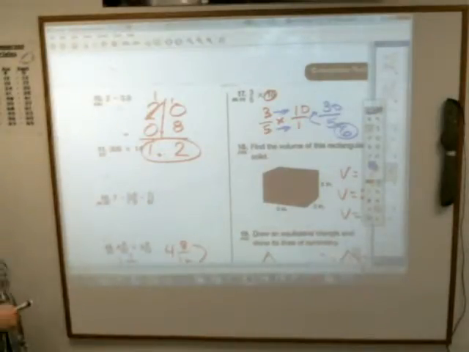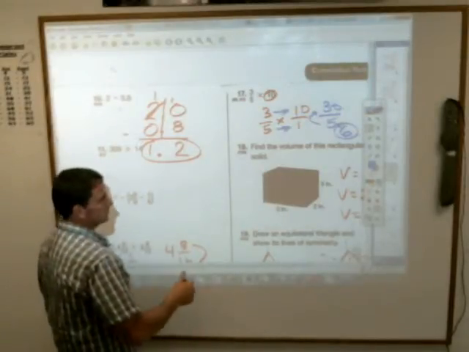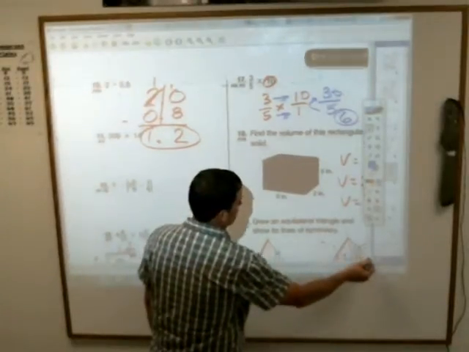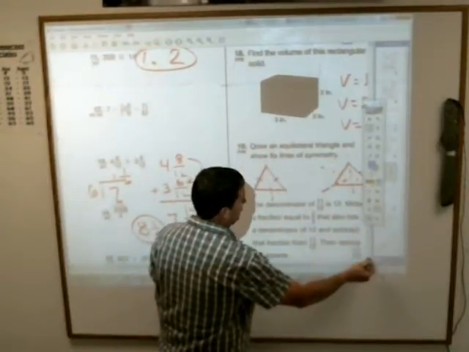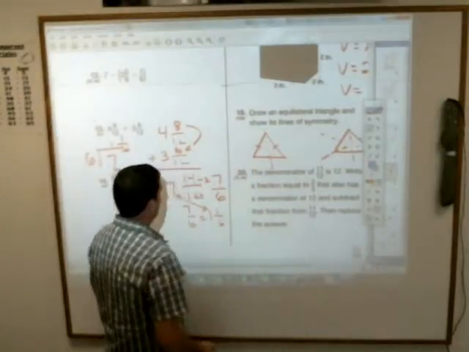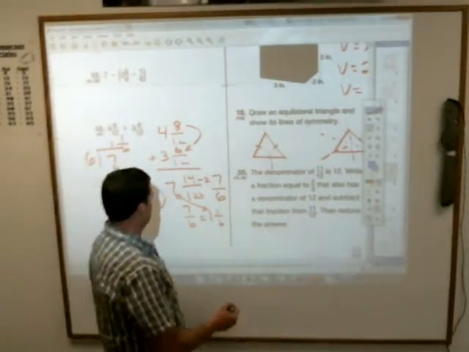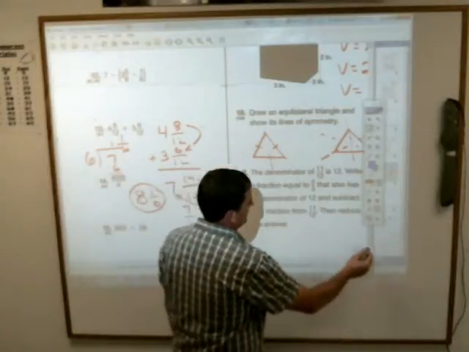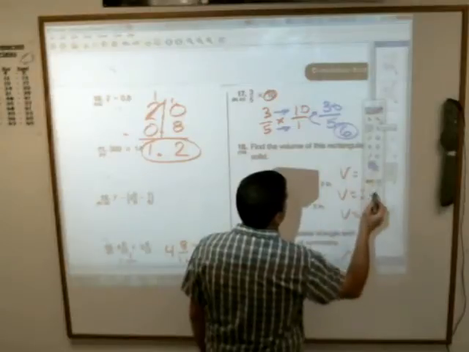Jacob. For 16, I'm not really sure about dividing fractions. Well, dividing fractions is second only to multiplying fractions, because what's the rule to divide fractions? Did you say 15 or 16? No, 16. Oh, I don't have a 16.